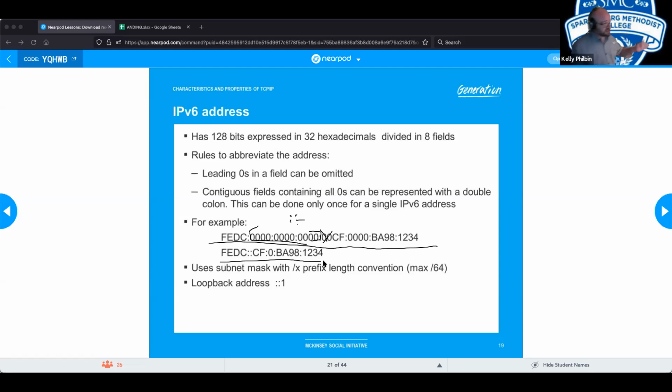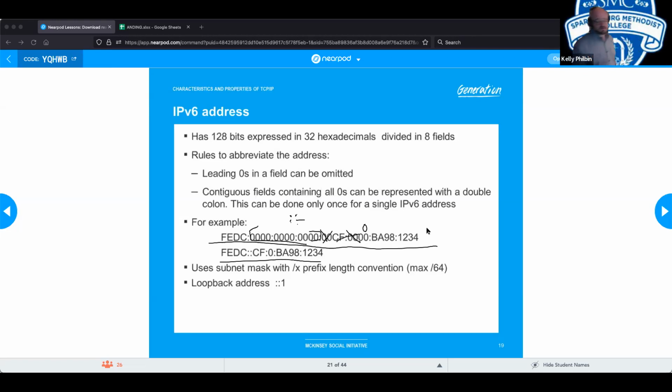So all leading zeros eliminated, contiguous groups can be represented by a double colon. And then as you see afterwards, there's another group of zeros here. We can eliminate the first 3 zeros and leave just the 0 in there. And that tells us that the other 3 characters missing are all zeros. So eliminating leading zeros even works if you have a group of just zeros by themselves.